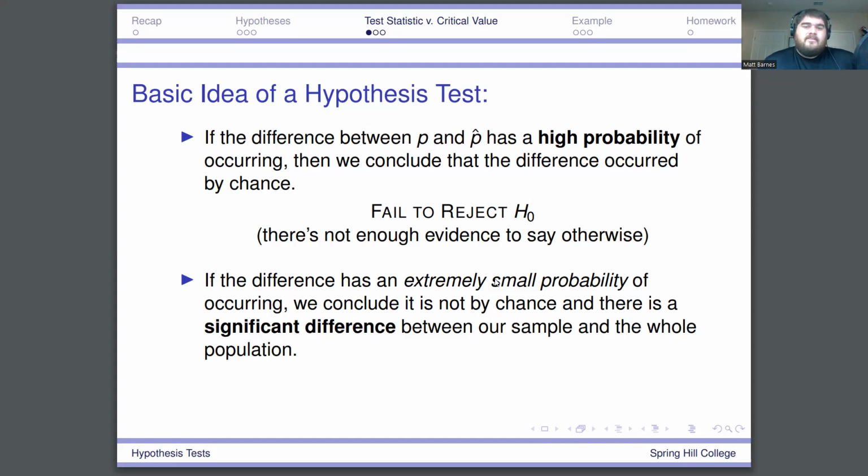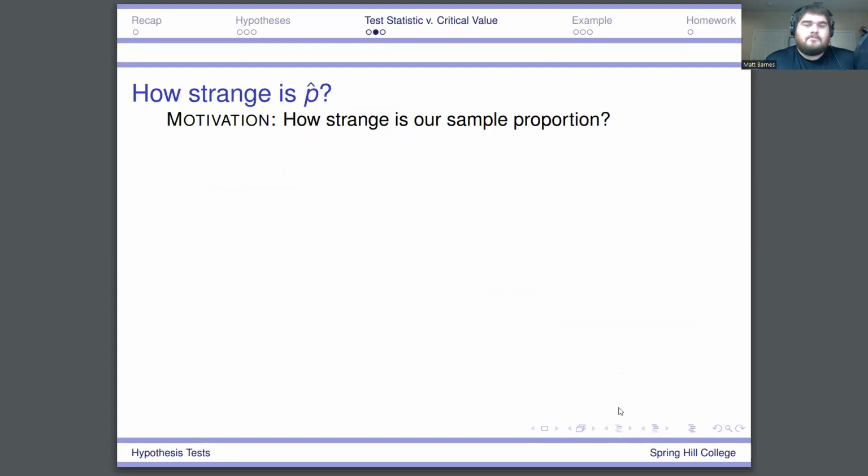So if this is a 1% chance that we got the sample that we did, given that our population proportion we're being told is the truth, then that's a 99% chance that our population proportion we're being told is not it. So what we're going to say there is, if there's that significant difference, then we're going to reject H naught and we're going to accept H1. So rejecting H naught means we have enough evidence based on the data we have collected to say that we think H naught is incorrect and we think that H1 is the actual thing that's happening.